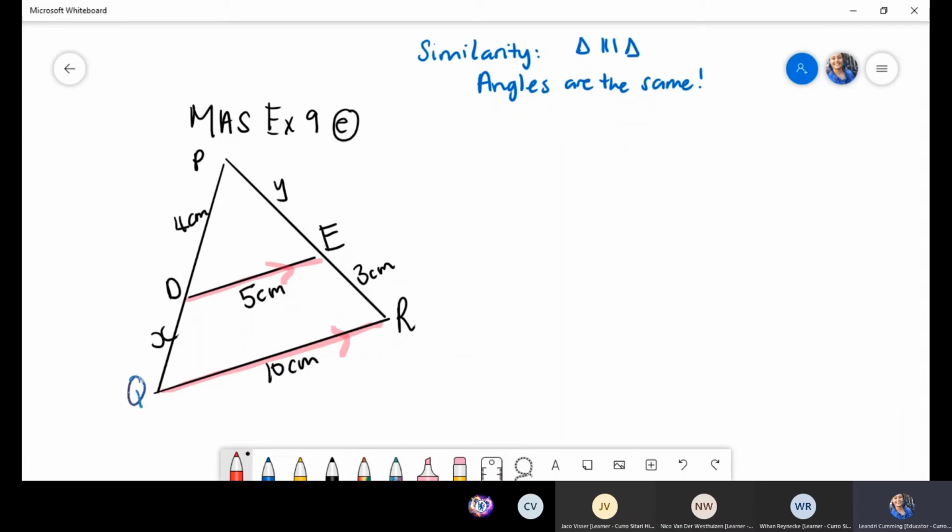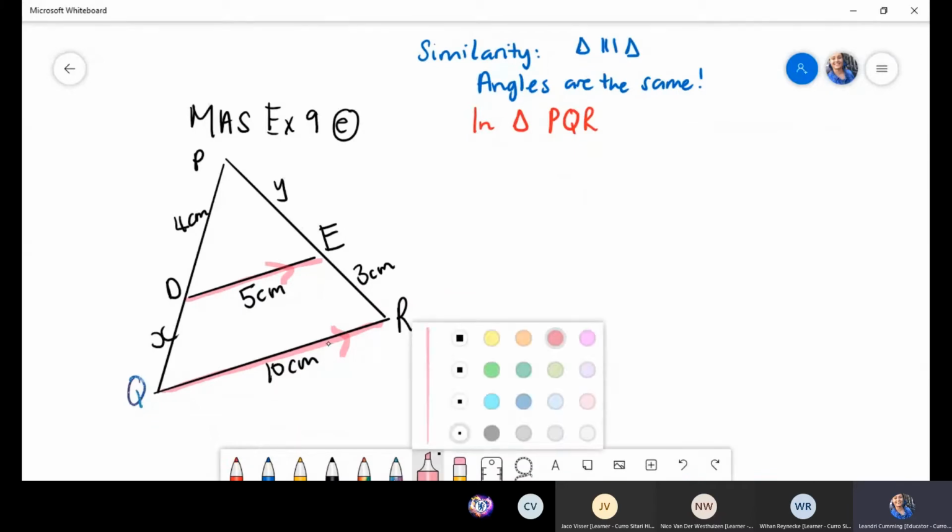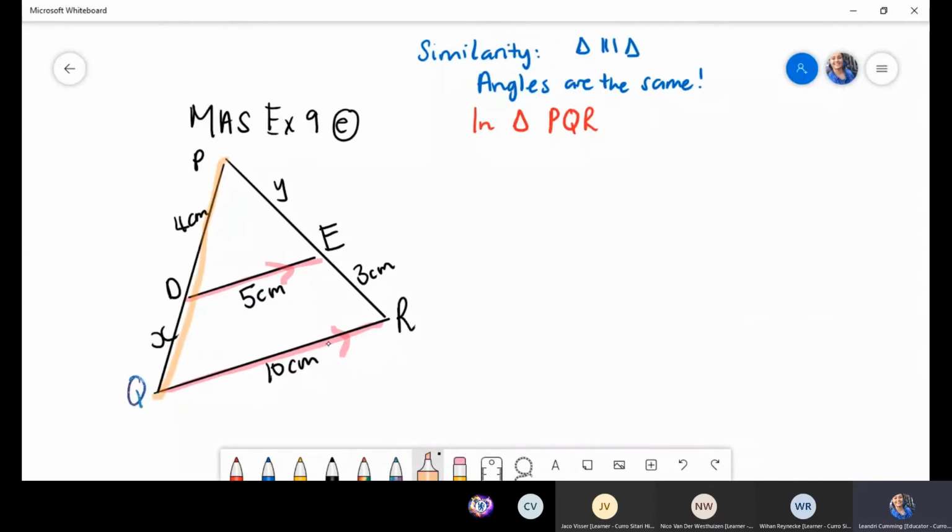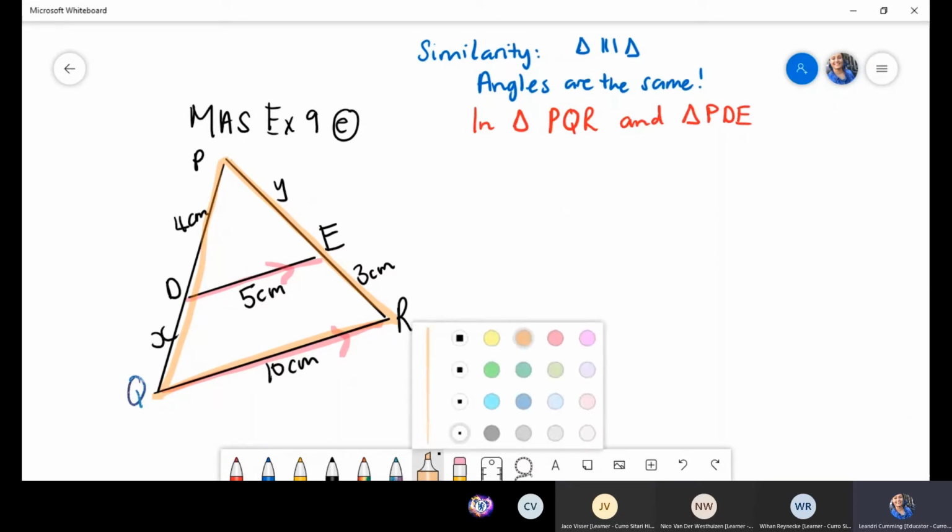So I'm just going to run through it by stating in triangle PQR, my big one, here's my big triangle first, PQR, and in triangle PDE, that's my little one, okay? So what I want to do is run through how exactly I prove that they are similar so that I can solve for X and Y.